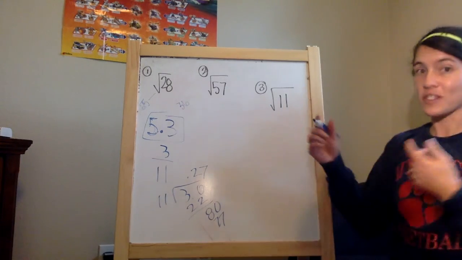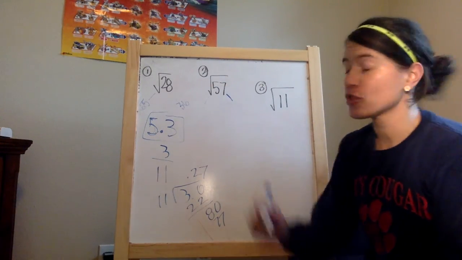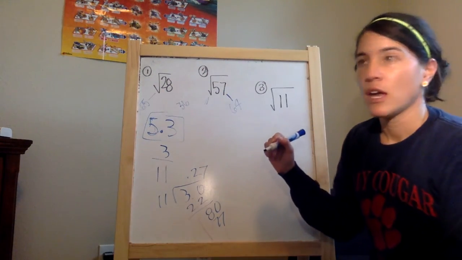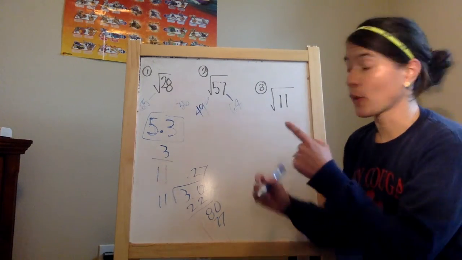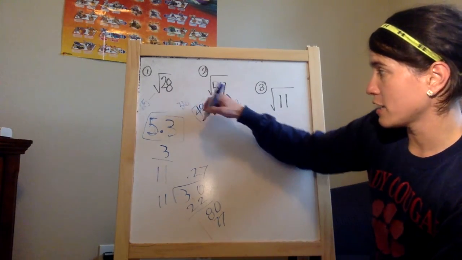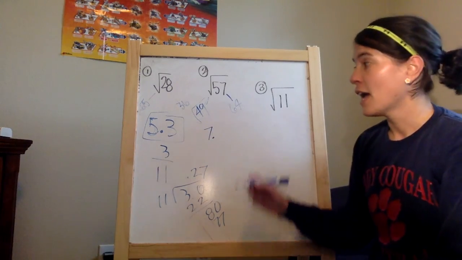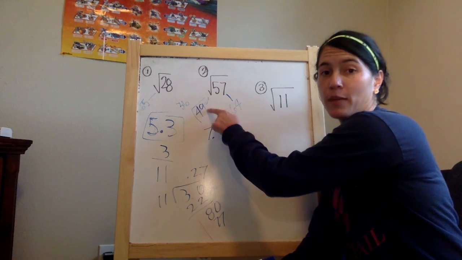So let me show you with 57. The two closest perfect squares are 49 and 64. We're going to start with the first one. The square root of 49 is 7, so I know my answer is going to be 7 point something. And I need to divide the difference between the number we're talking about and 49.